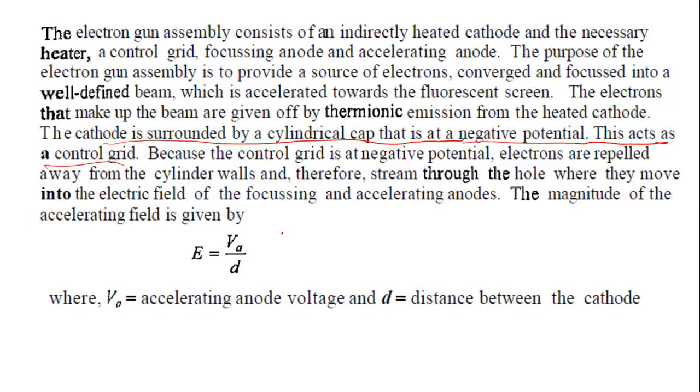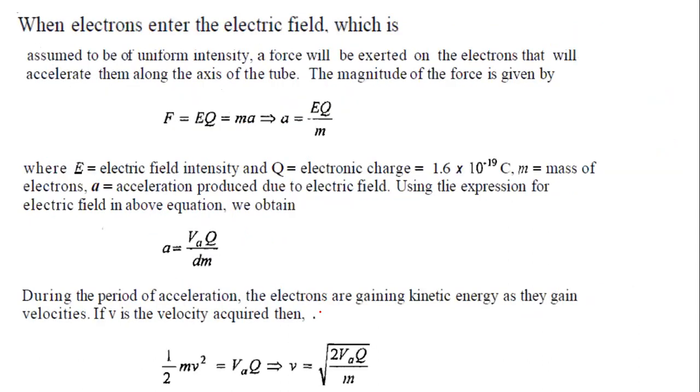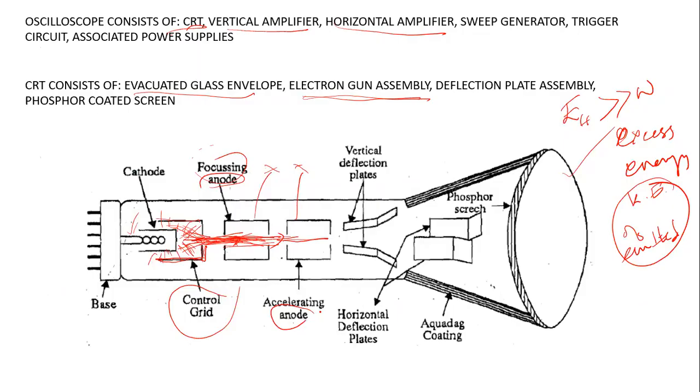Now, the magnitude of the accelerating field is given by something like this. Here VA is simply the accelerating anode voltage. So you are connecting a certain anode voltage to this accelerating anode.